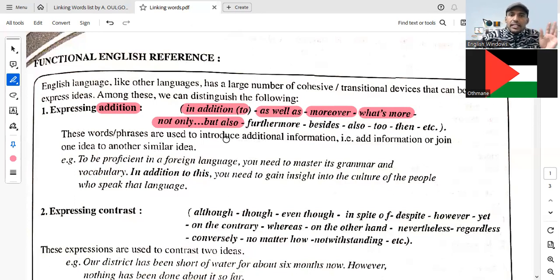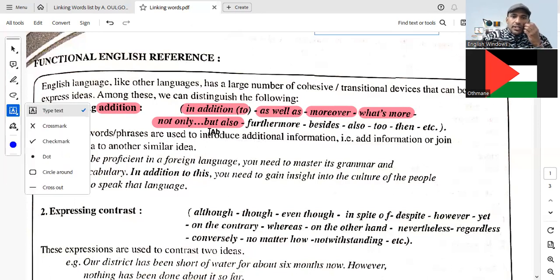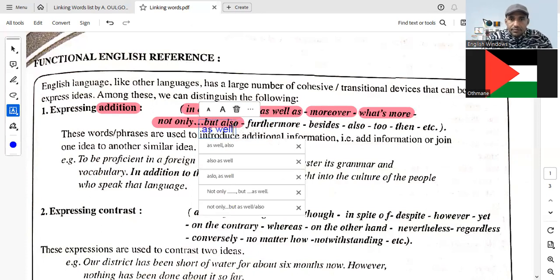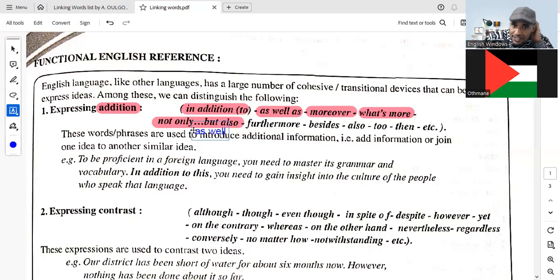We say not only, but also, or not only, but as well. This is a structure that we can use in order to add another meaning or another idea.